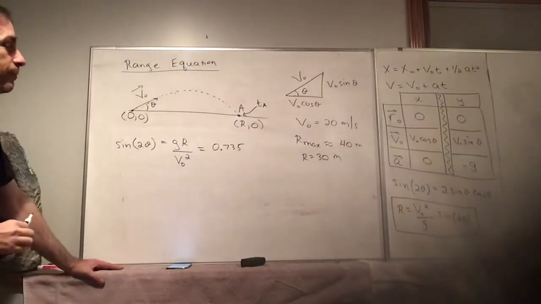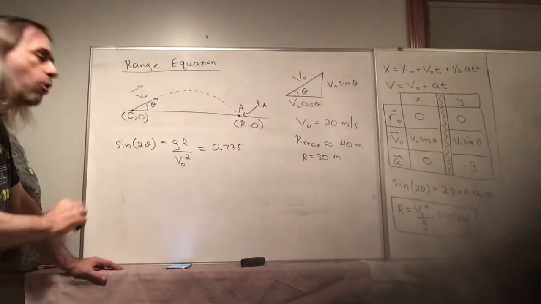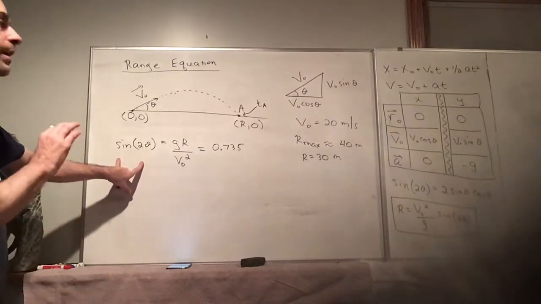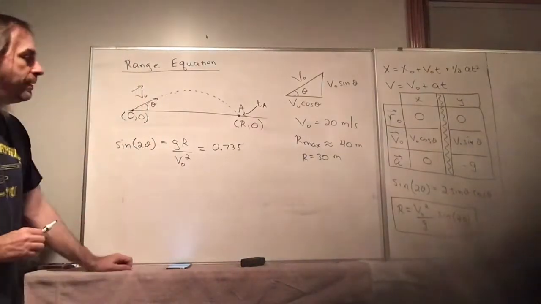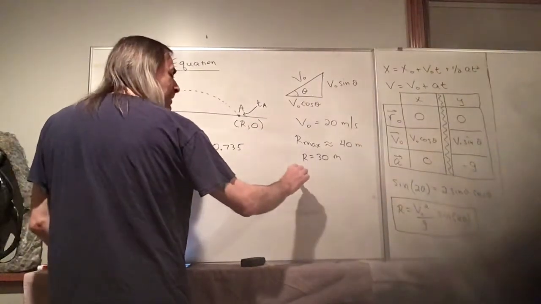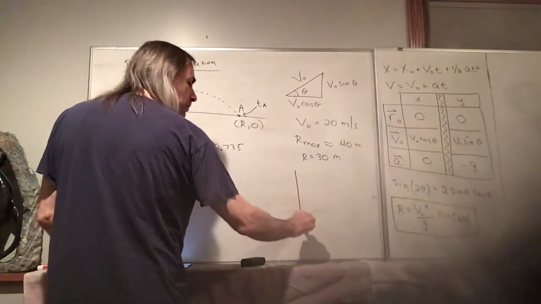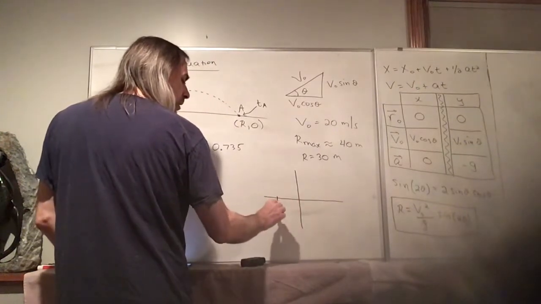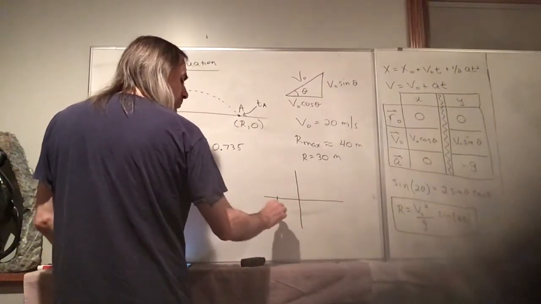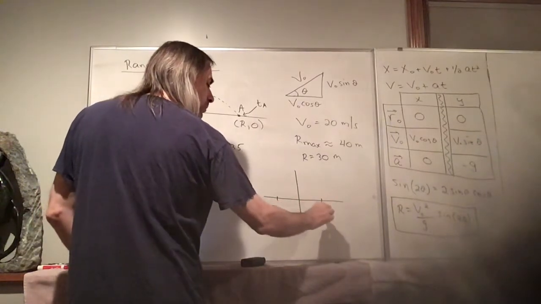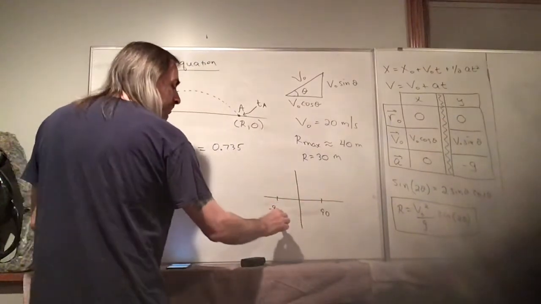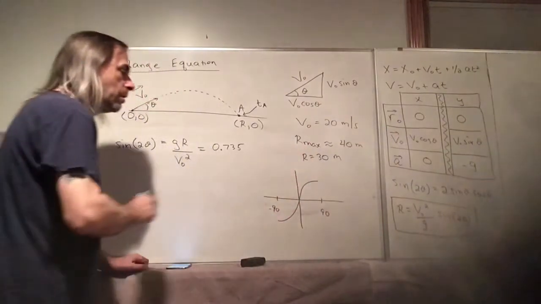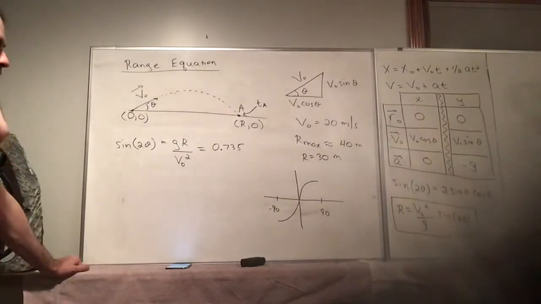Okay, now I mentioned that we want to be careful anytime the next step will be taking the inverse sine. But again, we want to be very careful about doing that. So what I'm going to do is plot sine. It's going to look something like this.